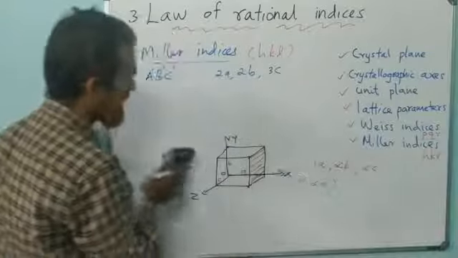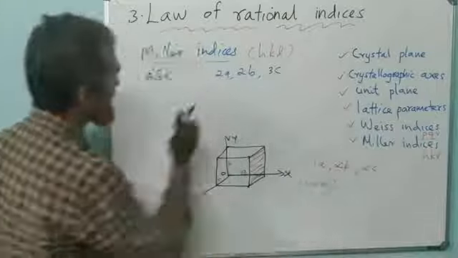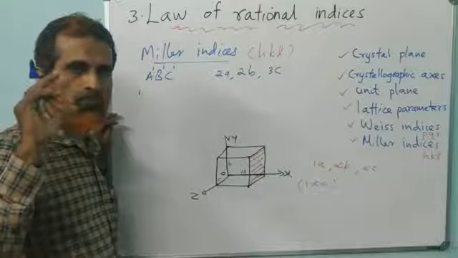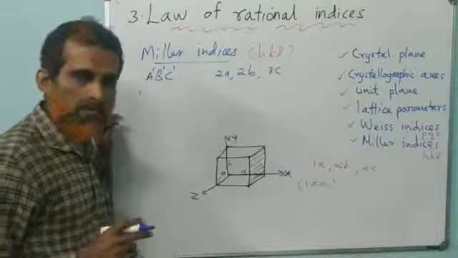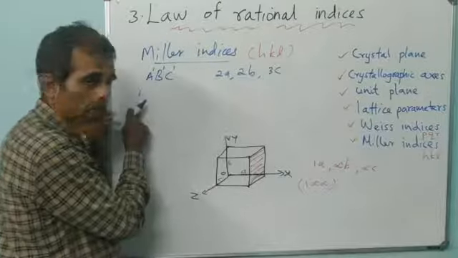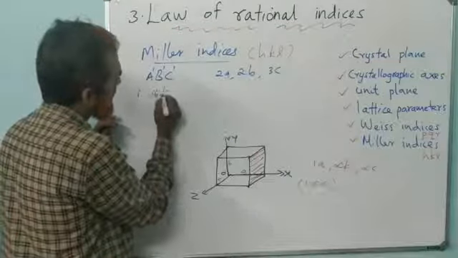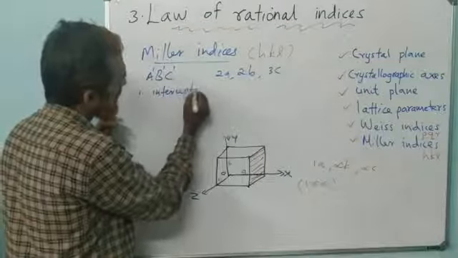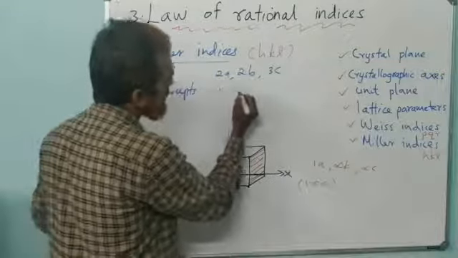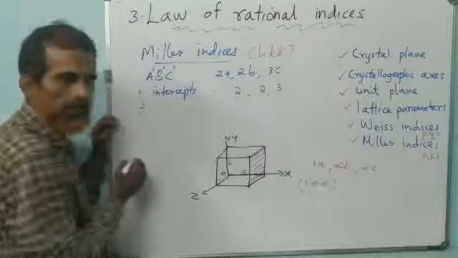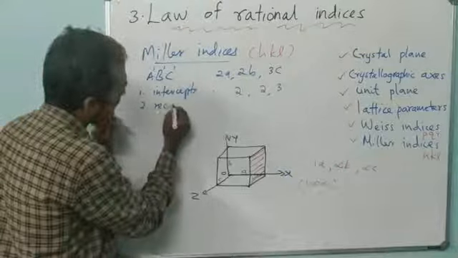How do we convert the Weiss index into the Miller index? In 3 steps. Step 1, write the intercepts. What are the intercepts of the plane? It is 2, 2, 3.